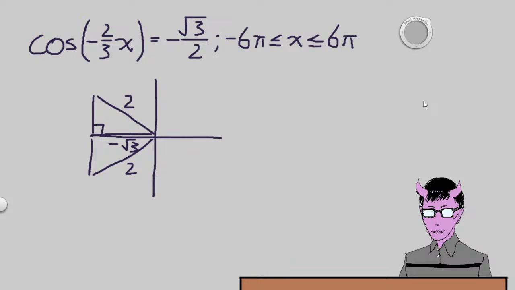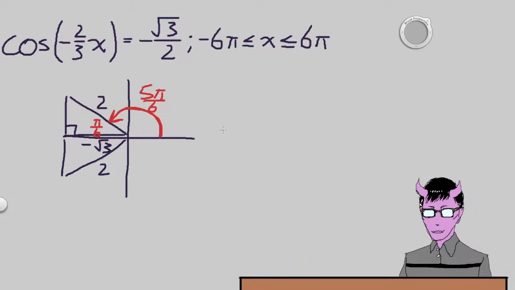Let us partition this into two parts. We have the right angle right there. This is opening up to the 1, so this is going to be a standard 30 degrees, pi over 6. That's the reference. So this whole angle here is going to be 5 pi over 6. That's the base angle answer.